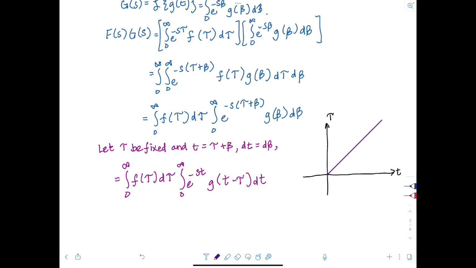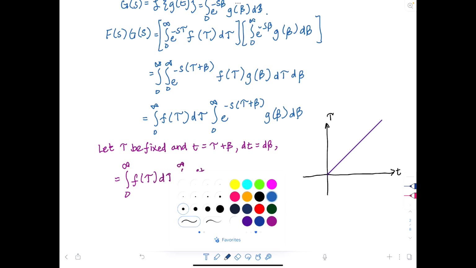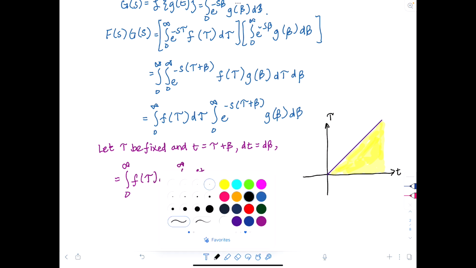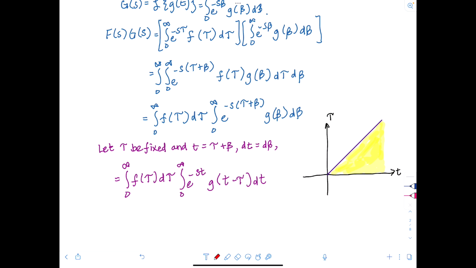And then if you look at the area under the curve, we'll just take a look here. It would just keep going on in that manner. So tau is moving vertically.